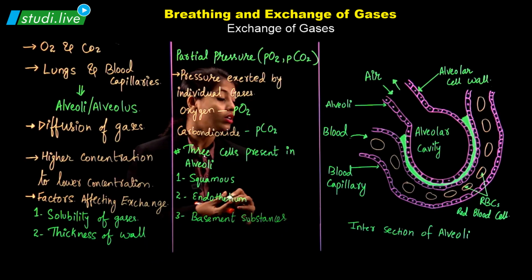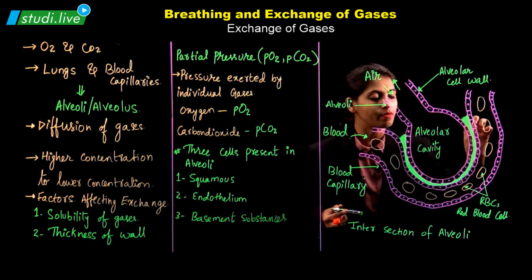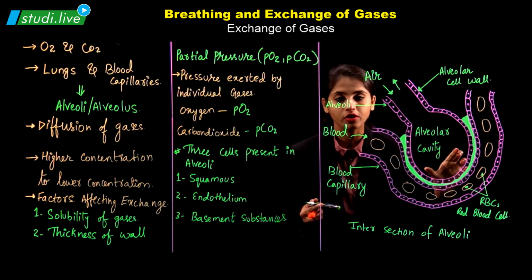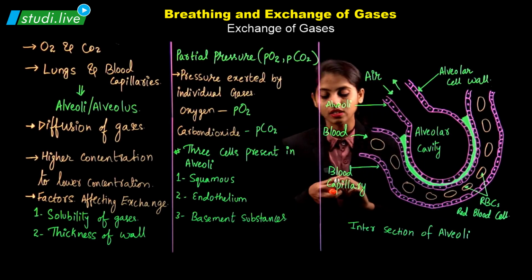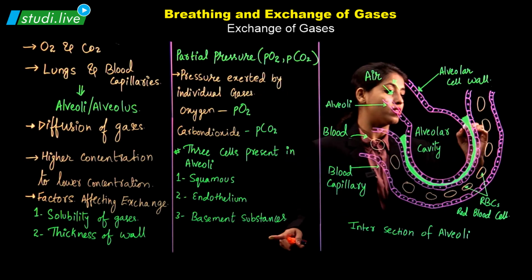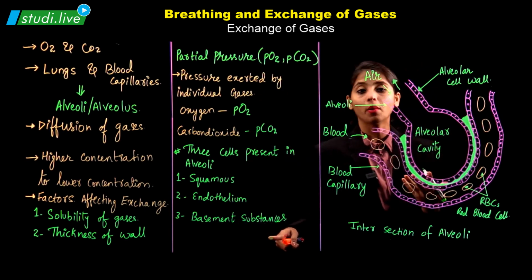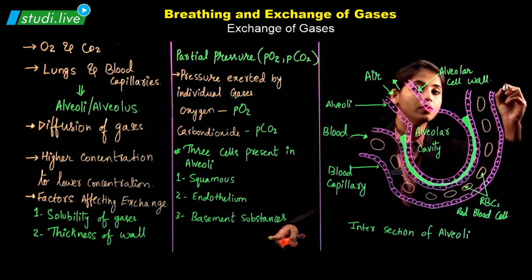So over here, the green one that I have drawn, which is present between the cell of the alveoli cavity and the blood capillaries, is called the basement substance. Basically, you can say it is filled with the basement substance. Okay, student?